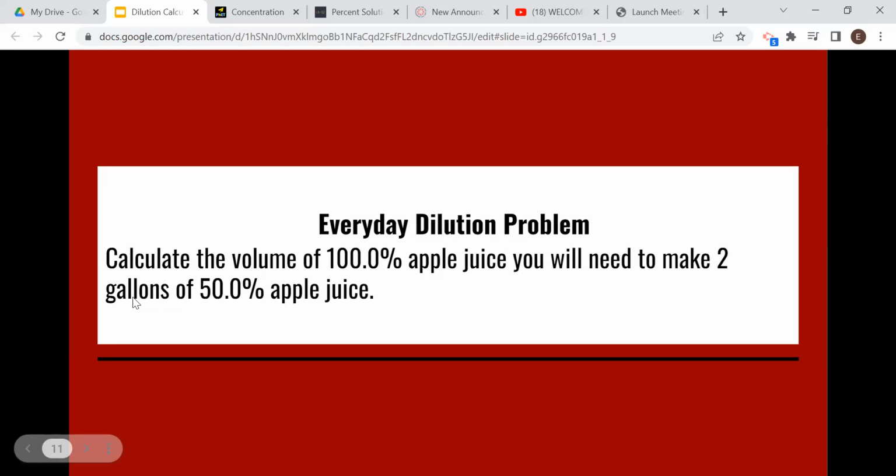You have no other place to get 100% orange juice. The choice you have is to dilute what you have so that it will be enough for your guests. So it says, calculate the volume of 100% apple juice you will need to make 2 gallons of 5% apple juice. How do we do that?